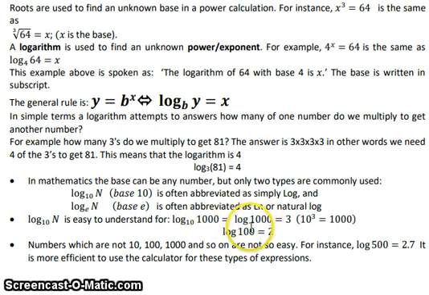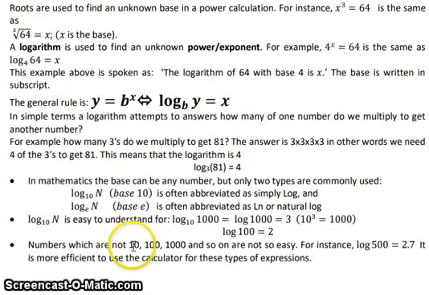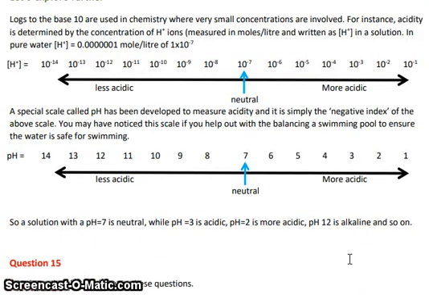Log 1000 is equal to 3, since 10 to the power 3 is equal to 1000. So log 100 is equal to 2. Numbers which are not 10, 100 and 1000 are not too easy. For instance, log 500 is 2.7. It is more efficient to use the calculator for this type of expression.